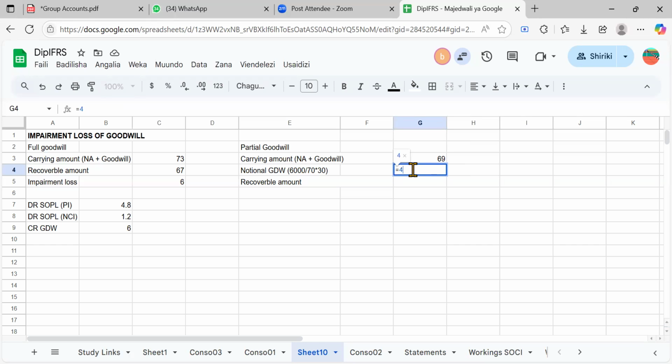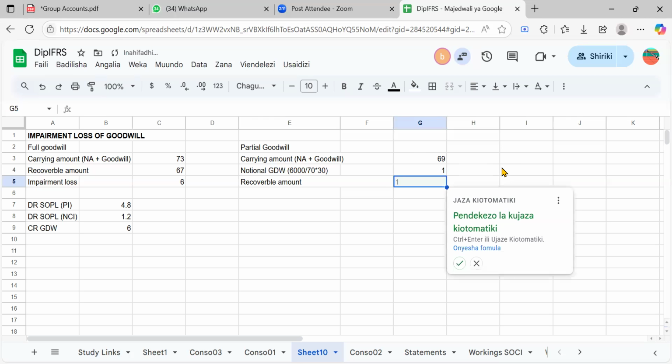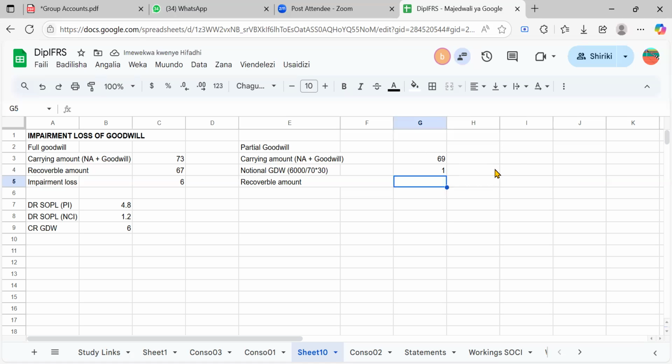So you take the 4 and divide by 80 and multiply by 20. No need for percent, because the percent on 80 and on 20 would cancel out. So I'll get 1 there.